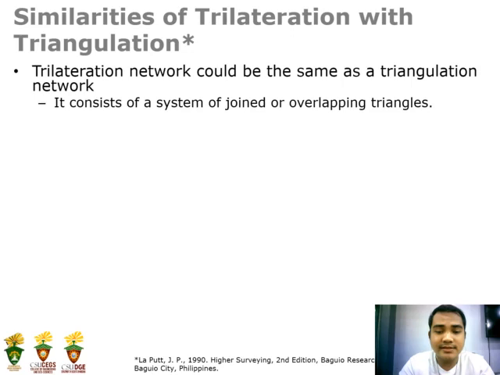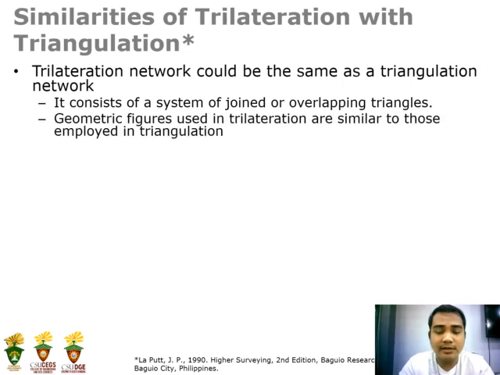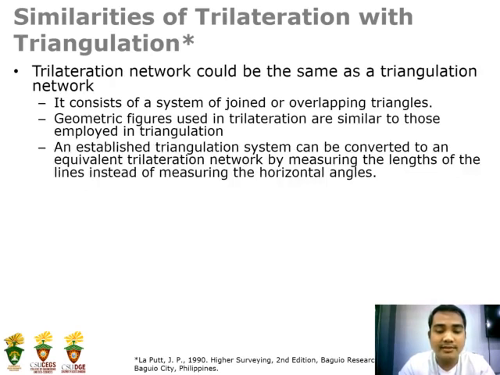It consists of a system of joined and overlapping triangles, and the geometric figures used in trilateration are similar to those employed in triangulation. An established triangulation system can be converted into an equivalent trilateration network, since they use the same network, by measuring the lengths of the lines instead of measuring the horizontal angles.